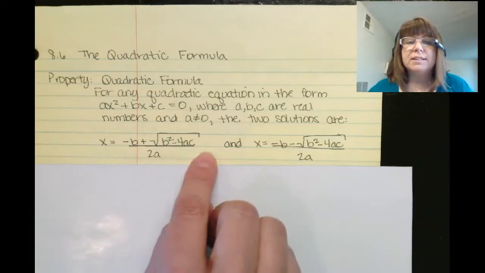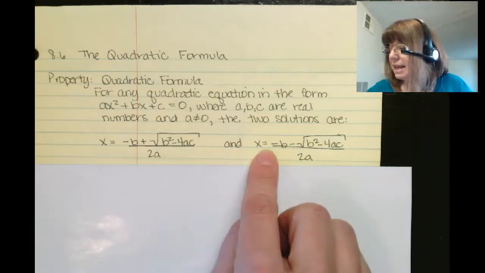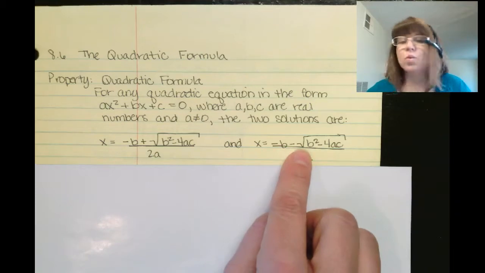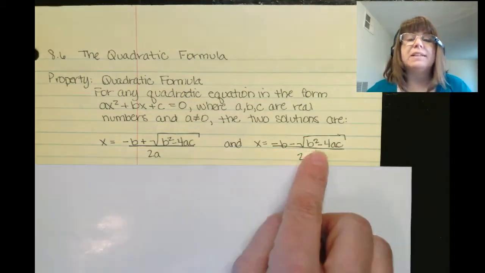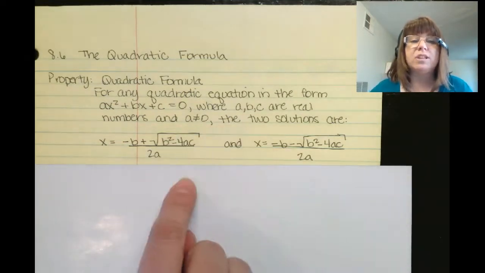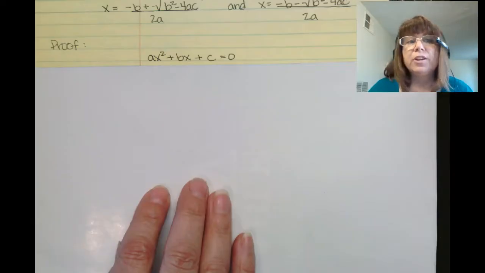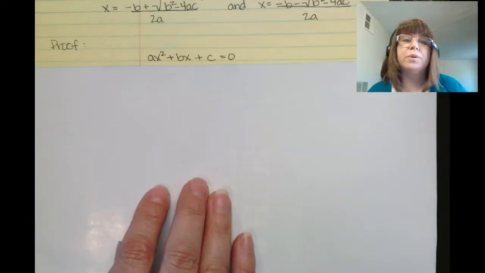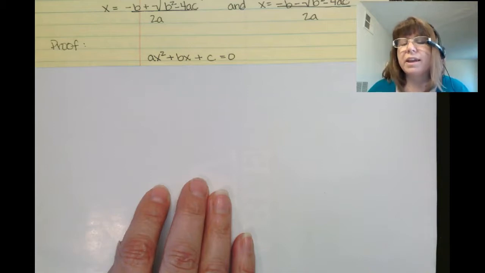And our second is negative b minus the square root of b squared minus 4ac all over 2a. So it doesn't matter what our quadratic equation is. If we plug in what a, b, and c are into these two equations, we will get our solutions for x. Now, we don't usually go through any of our proofs, but this one is quite clever, I think.